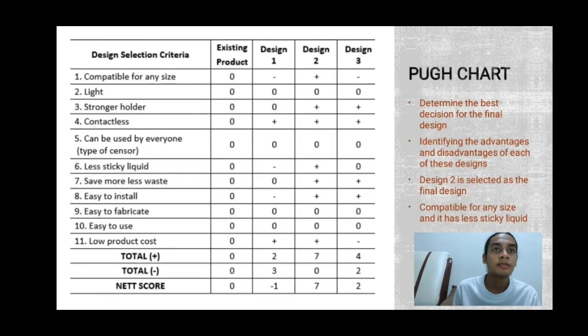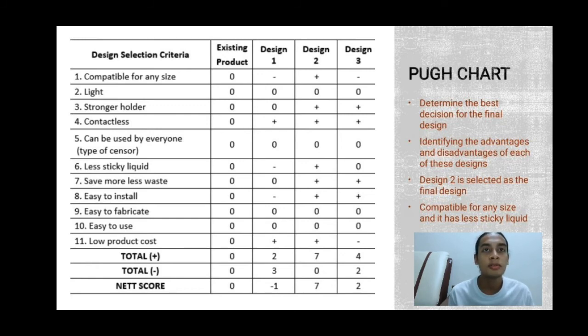For the previous chart, we put these three recommended designs together to determine the best decision for the final design. The result of the chart shows that design 2, which is the heat sensor, has the highest net score, which is 7, compared to the other two designs.